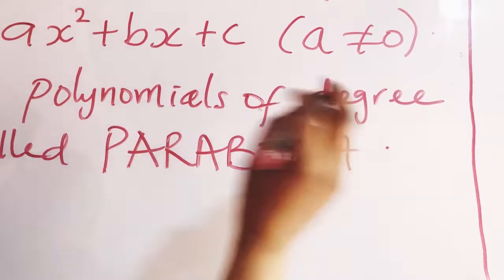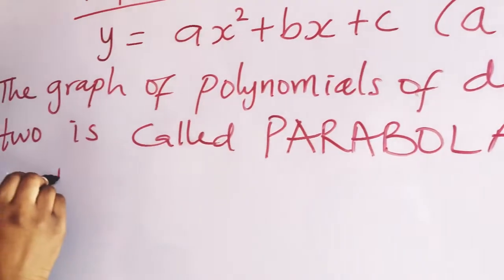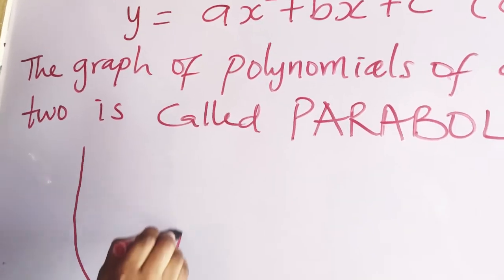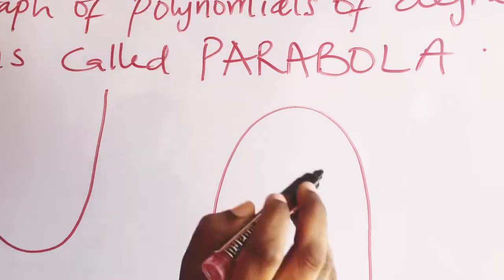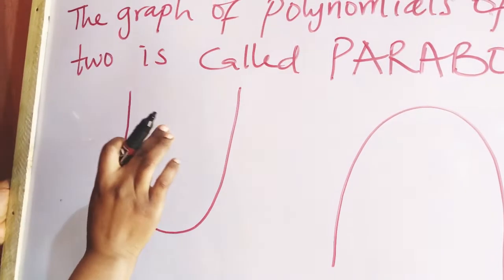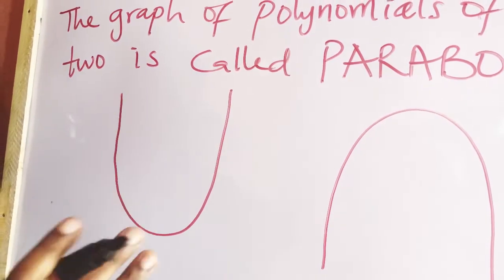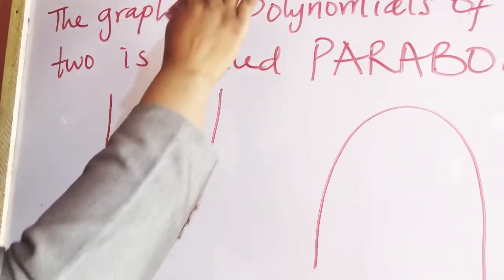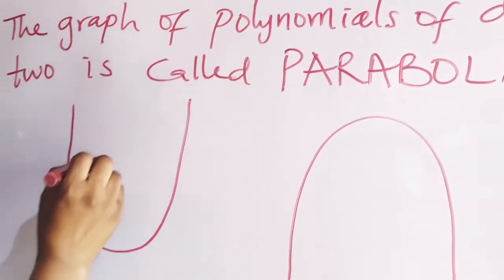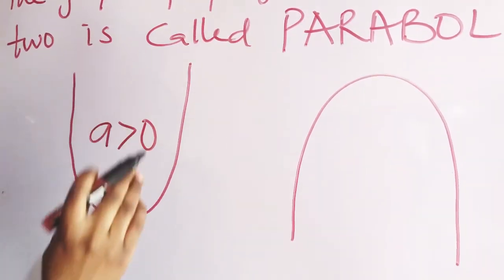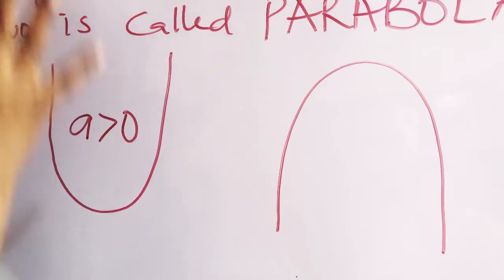So a parabola has two shapes. It's like a U shape. It either looks up or it looks down. So the shape of the graph of a parabola depends on the coefficient of x squared, which is a. When a is greater than 0, the U shape looks up.